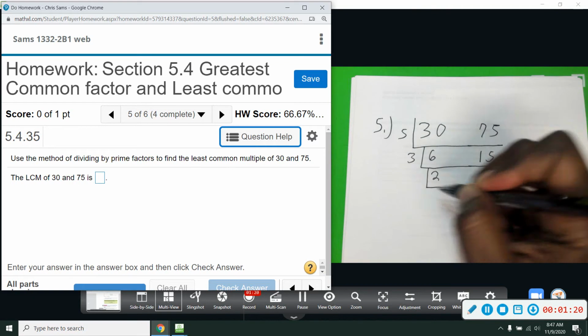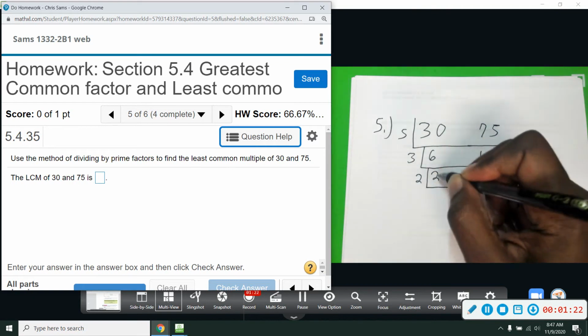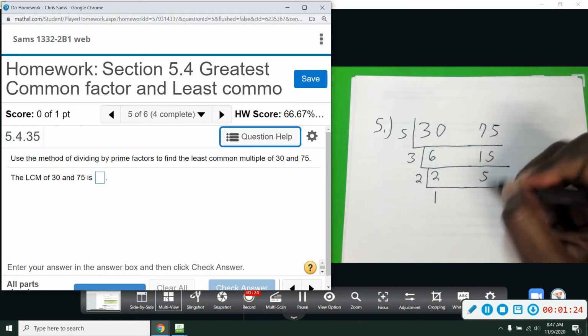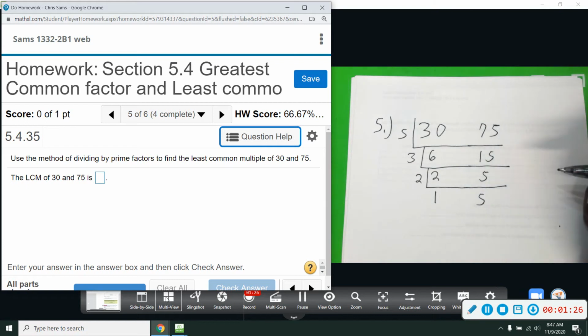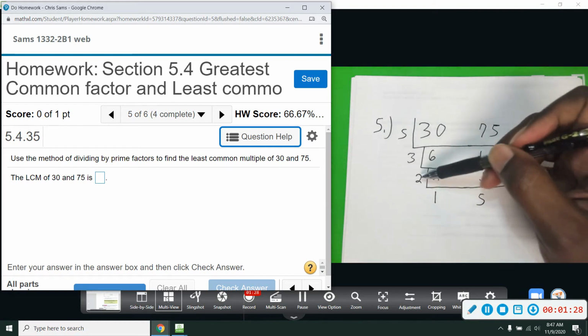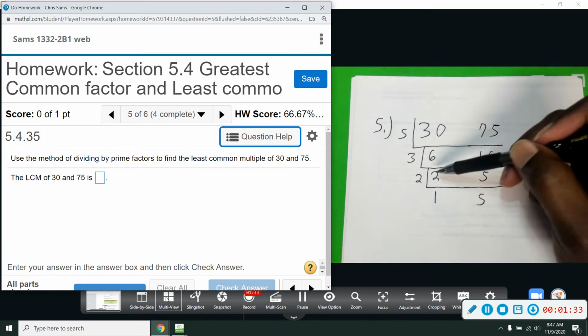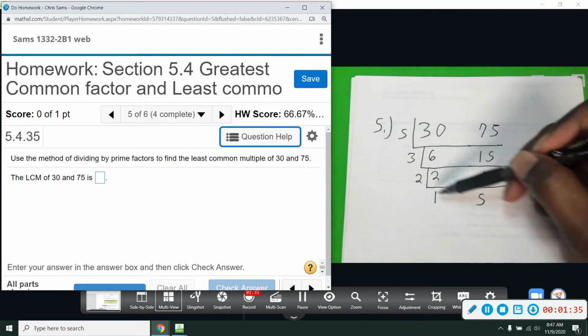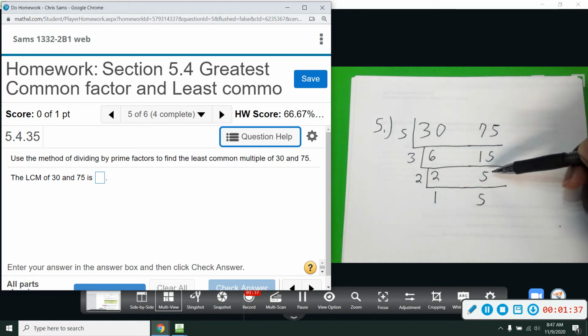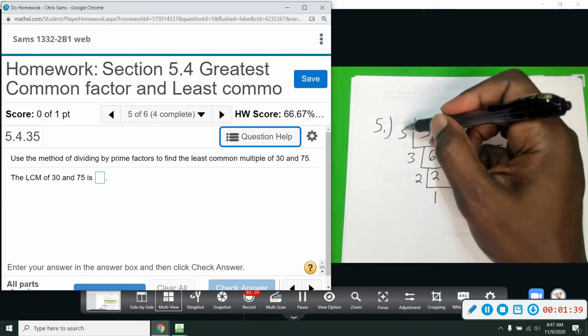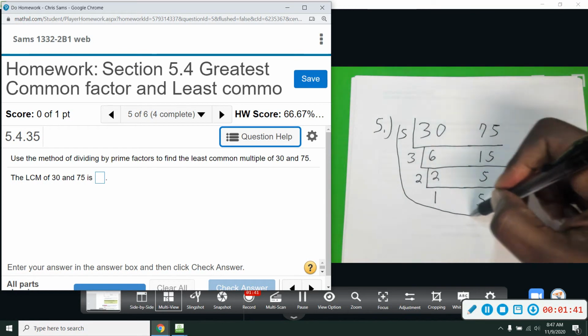So 2 is even, so we can divide by 2. That will leave us with a 1, and then you just bring the 5 down because you can't reduce that one. In this case, I don't think it matters because 2 times 1 is still 2. But if you have more than 2 numbers, you can continue dividing even if everything can't be divided. And then at the end, you're just going to multiply all the numbers on the outside.